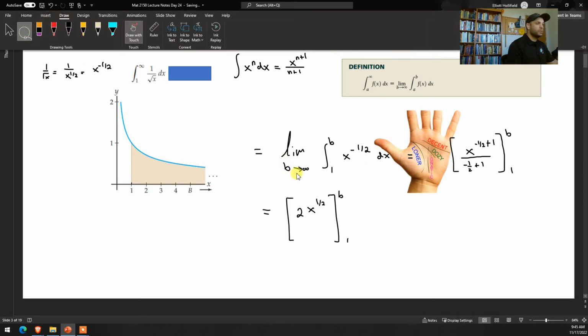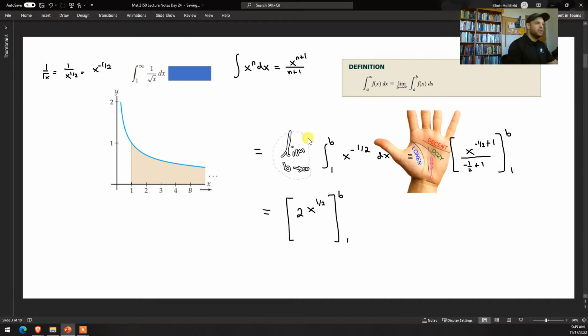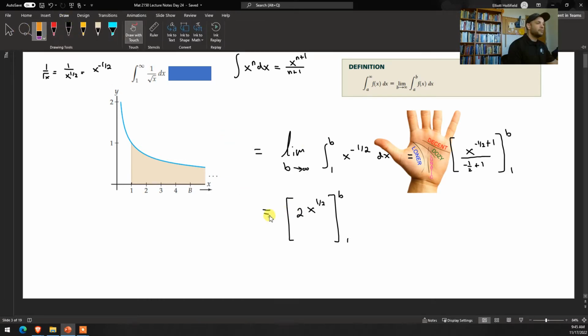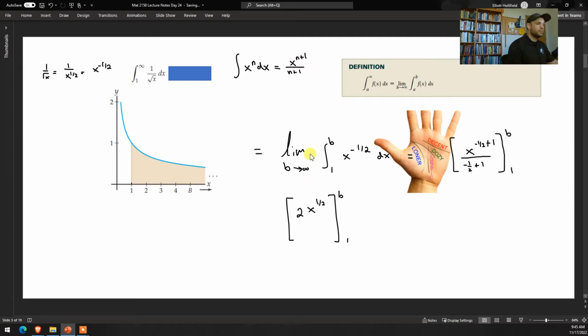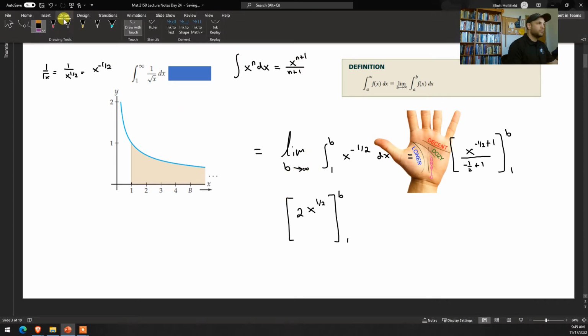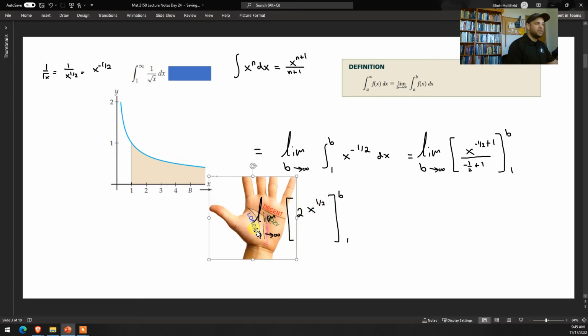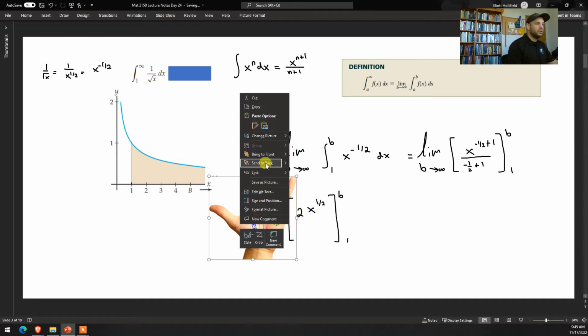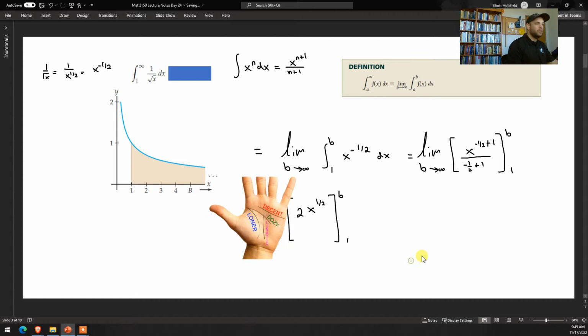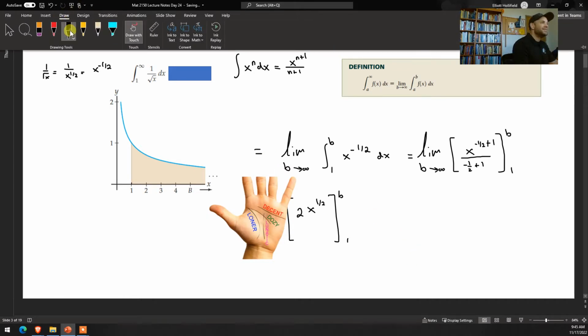Again, I'm carrying our limit notation along for the ride, but we're still ignoring that limit until the very last step.